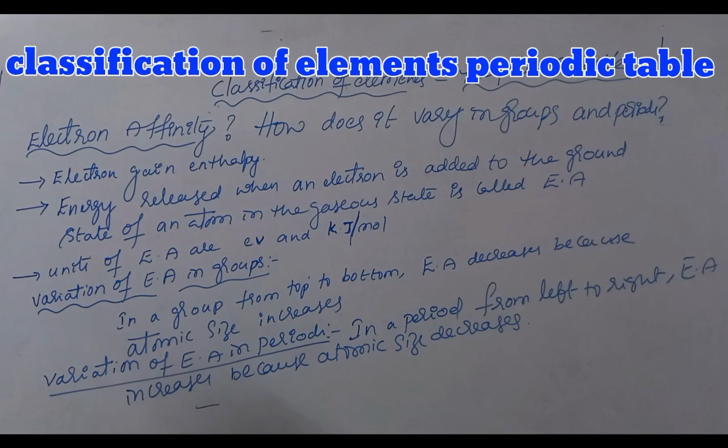In a period from left to right, atomic size decreases. That is why electron affinity values increase in a period from left to right. So variation of electron affinity in groups and periods is similar to variation of ionization energy in groups and periods.